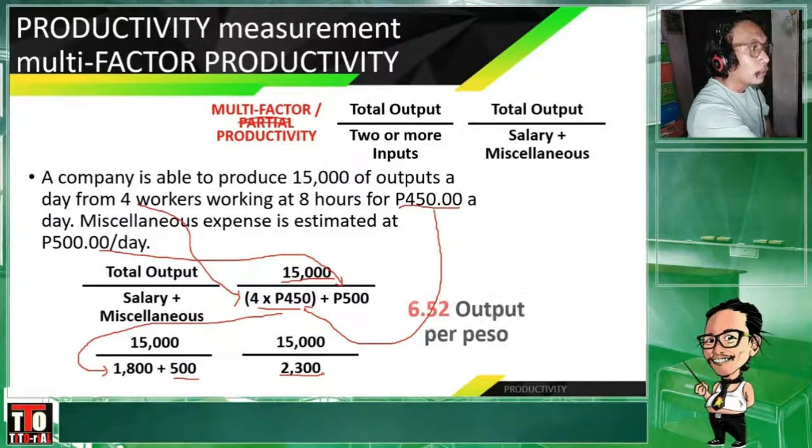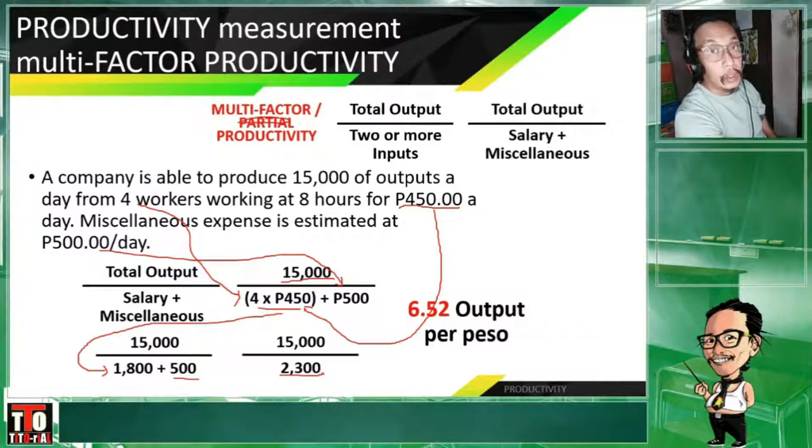So, 15,000 divided by 2,300 is 6.52 output per peso. Okay? So, per peso, both salary and miscellaneous would produce between 6 to 7 output. Okay? Yes, guys? Okay, good.